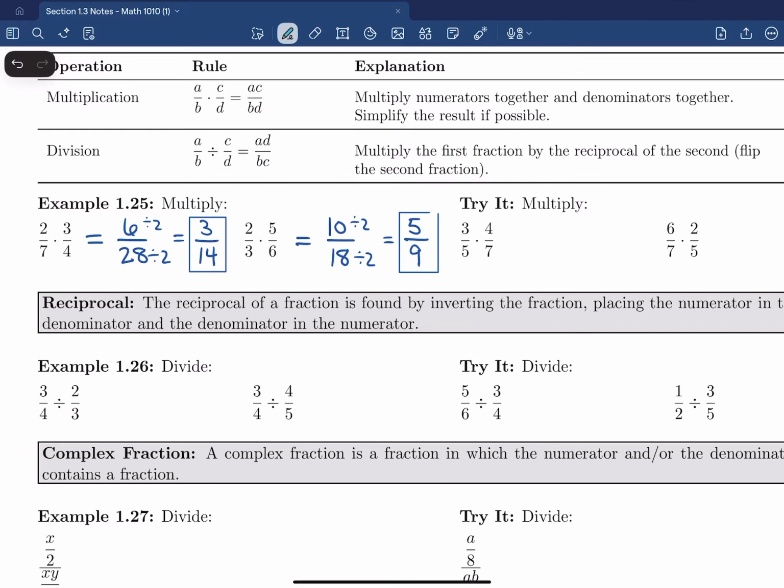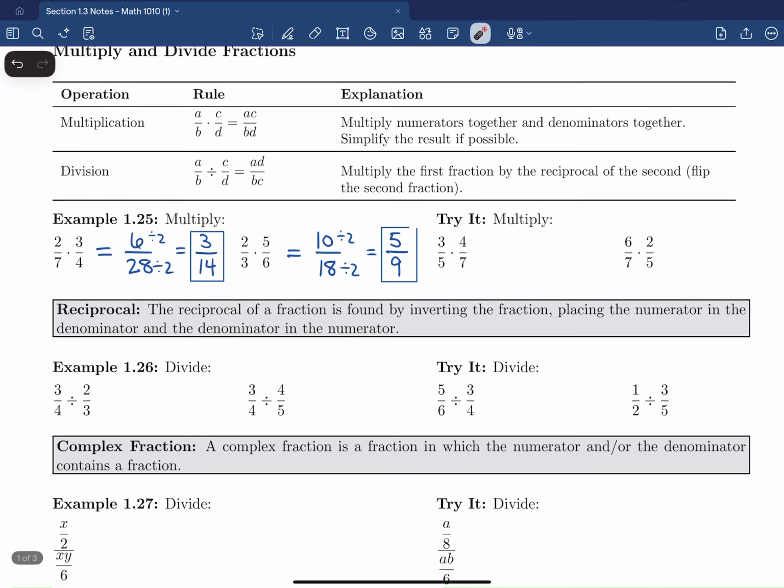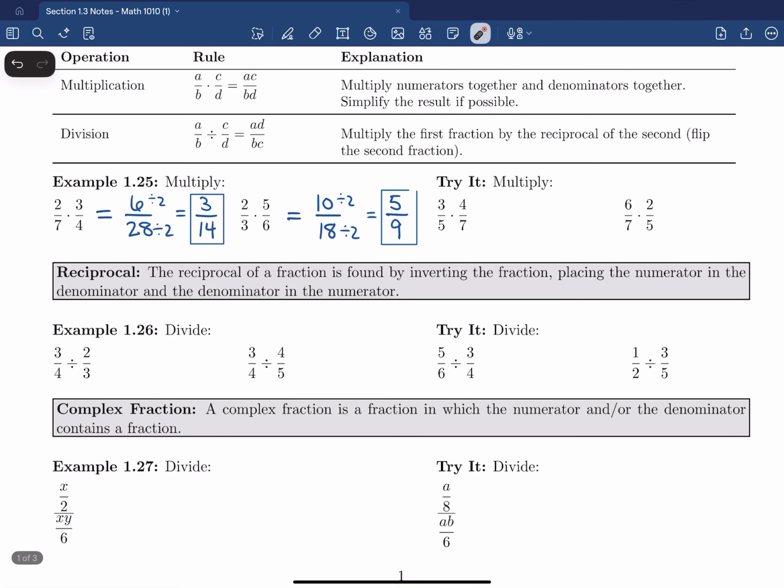Now that we have worked on multiplying fractions together, let's talk about how to divide fractions. So before we do that, we need to talk about reciprocals. The reciprocal of a fraction is found by inverting the fraction, placing the numerator in the denominator and the denominator in the numerator.